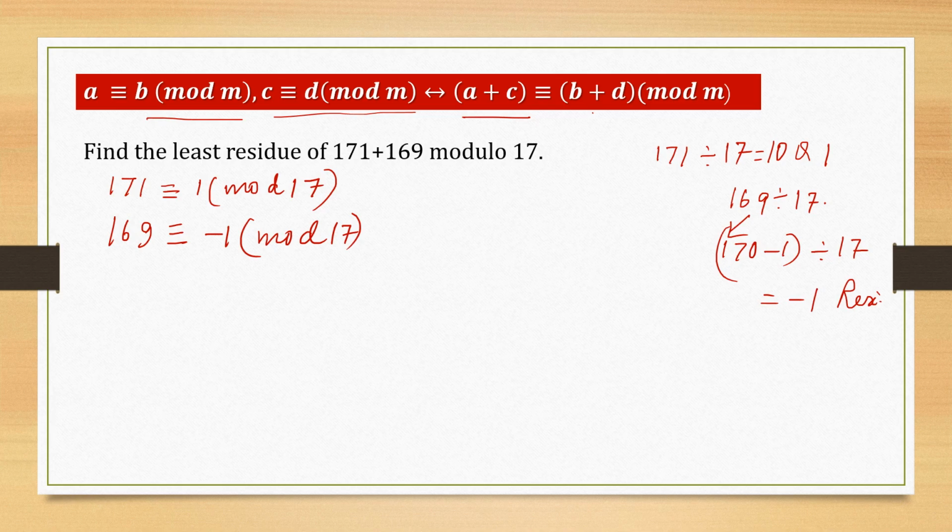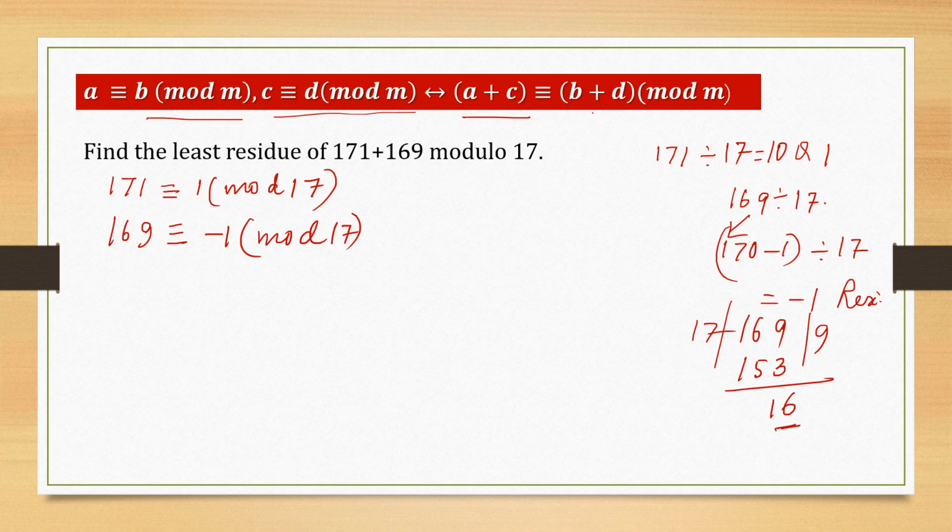Now the question is, we can write 169 divided by 17, 9 times 17 is 153, and the remainder is 16.